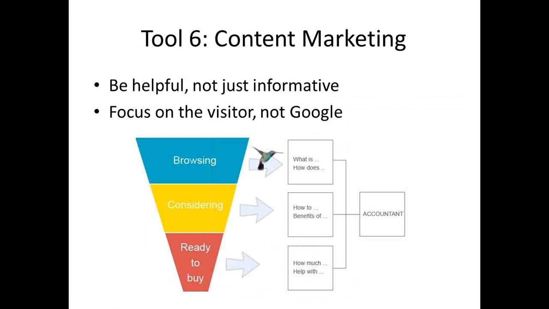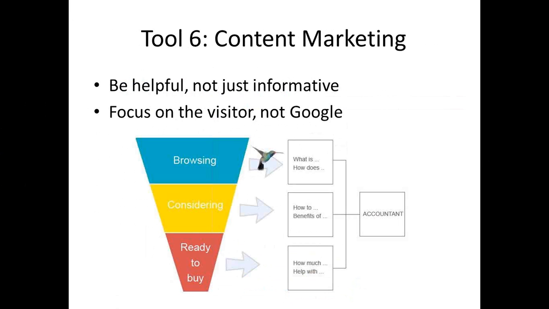So tool 6 is content marketing. I'm sure many of you are familiar with that. Actually, I shouldn't say that. Many of you are familiar with that. Many of you may not be. But what exactly does content marketing mean? So content marketing means using content, and that can mean anything. It can mean videos, blogs, articles, webinars, a fireside chat.